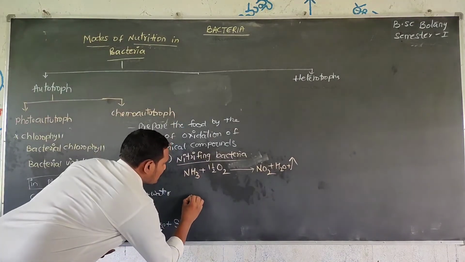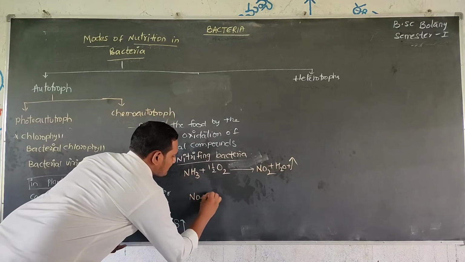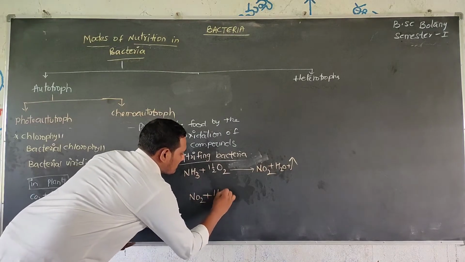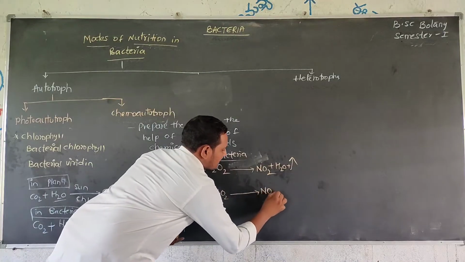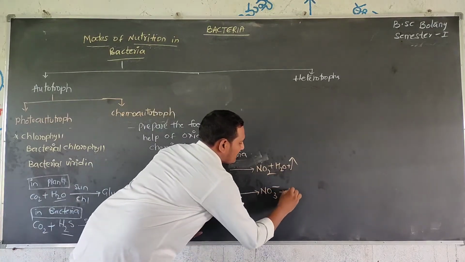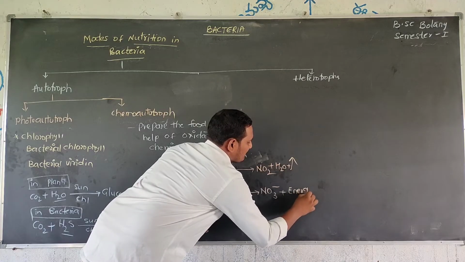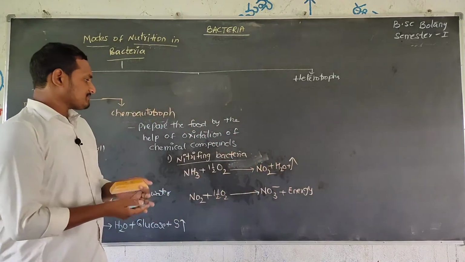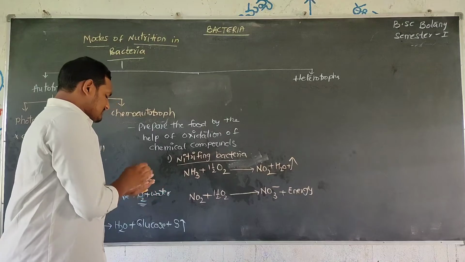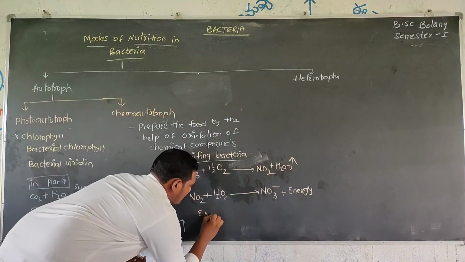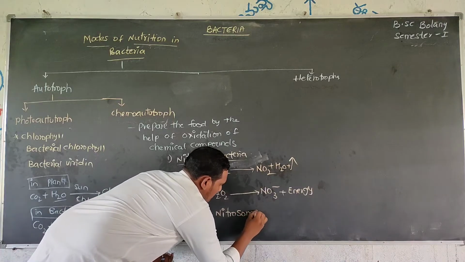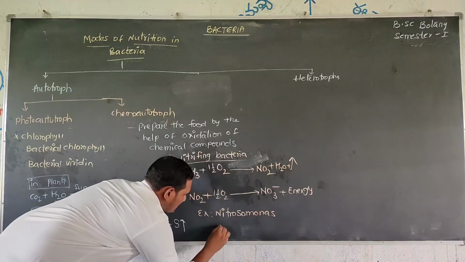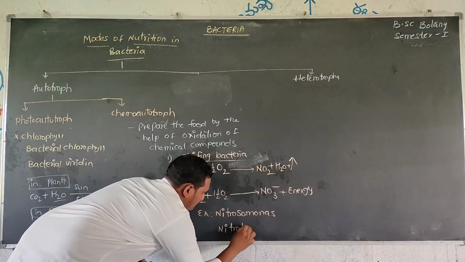This energy is used for oxidation of nitrites into nitrates. So nitrites plus 1.5 molecules of oxygen release nitrates and energy. Example bacteria: Nitrosomonas, Nitrobacter.